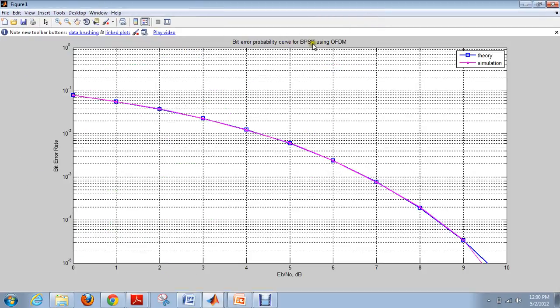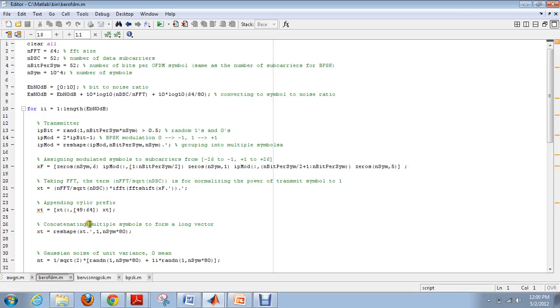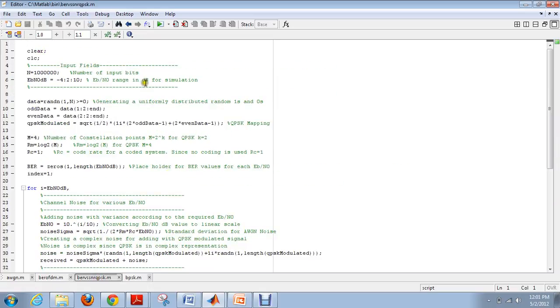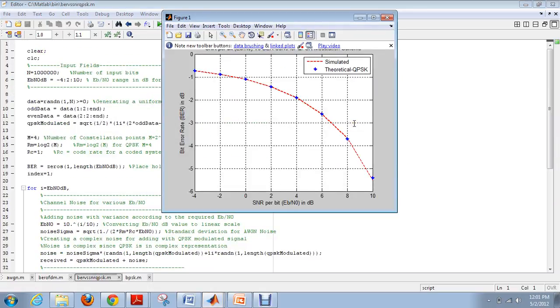The bit error probability curve versus Eb/N0 for OFDM. This uses BPSK, and in our project we combine all of BPSK, QPSK and QAM. For QPSK, we have this output, which clearly shows that it is similar to what is there in BPSK, but there is no overlap.